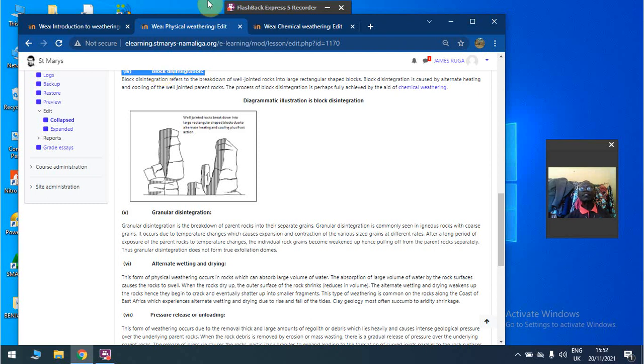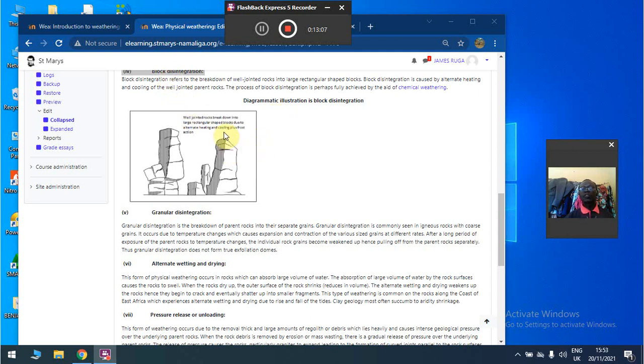And when the temperatures drop low, the rock will cool rapidly and contract also along these joints. The resultant effect is that the rock becomes weakened along the joints. And in doing so, the rock will begin to crumble down along these joints into large rectangular shaped blocks. Because the rocks break down into large rectangular shaped sizes, it is termed block weathering or block disintegration.